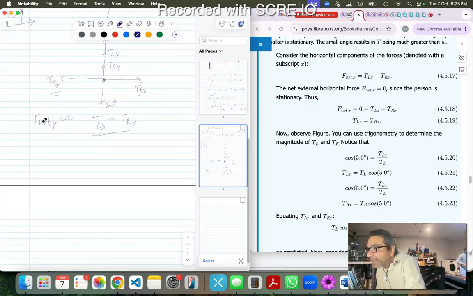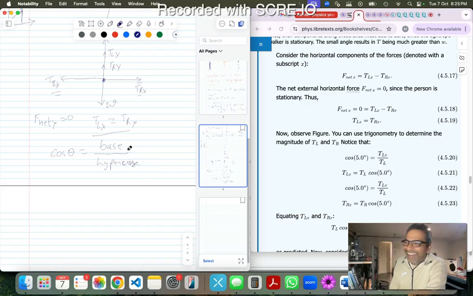We know cos theta. From our knowledge, cos theta is equal to base over hypotenuse, right? Remember that? The base, adjacent, yeah. One is adjacent and one is perpendicular.